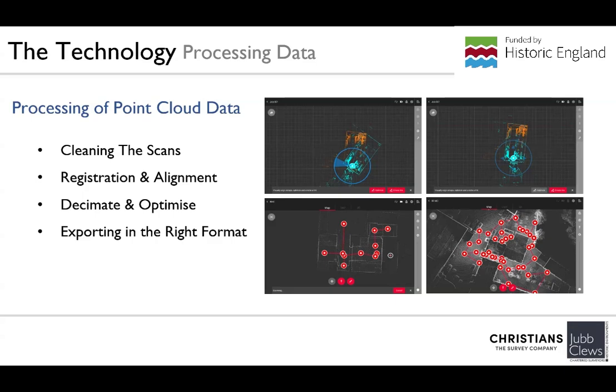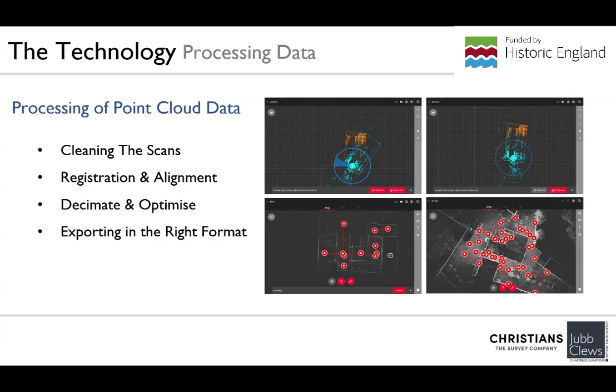Point clouds are the foundation of many digital twin projects, but raw scans can be messy. Here's what we need to do during the processing. Cleaning and filtering to remove noise, outliers, and unwanted objects like pedestrians or moving vehicles. Registration and alignment, ensuring all scans are correctly positioned relative to each other using common reference points.